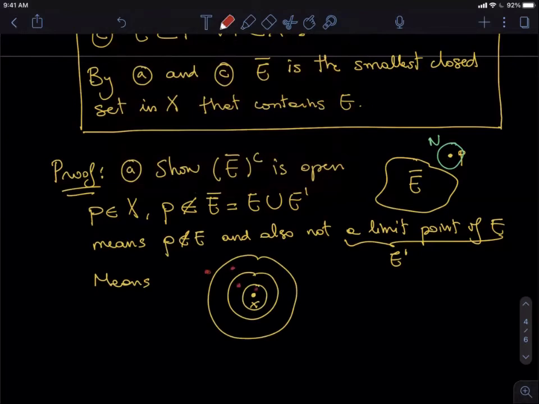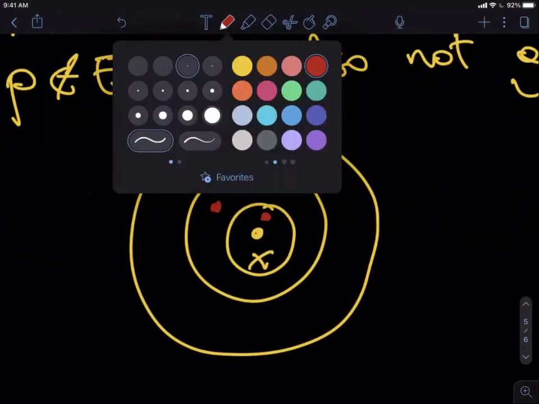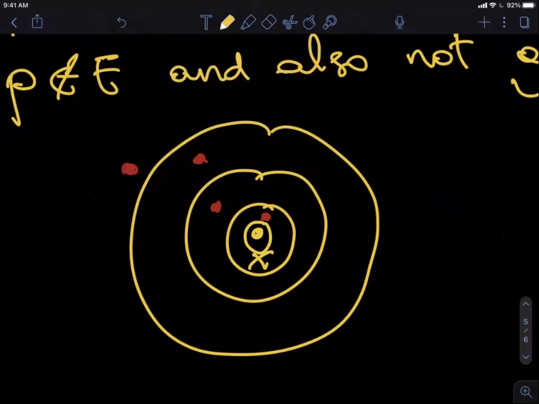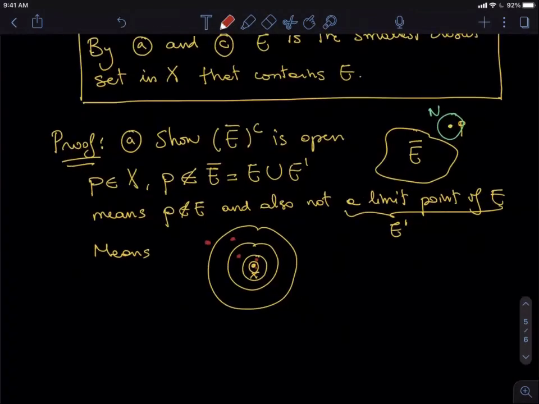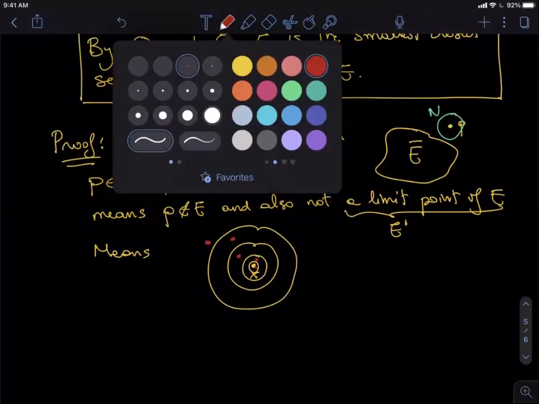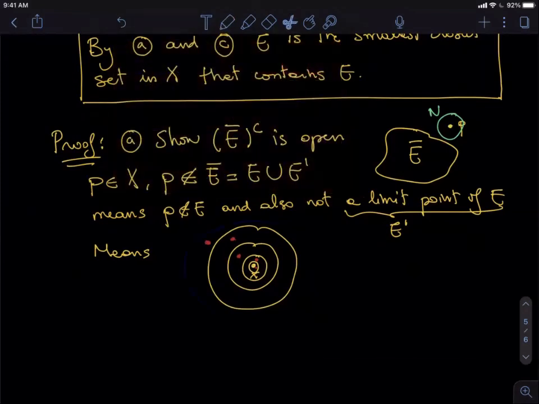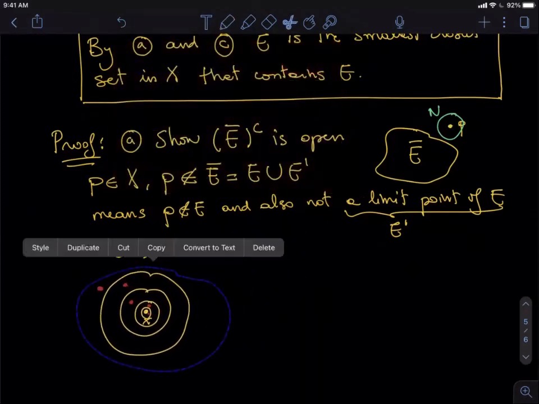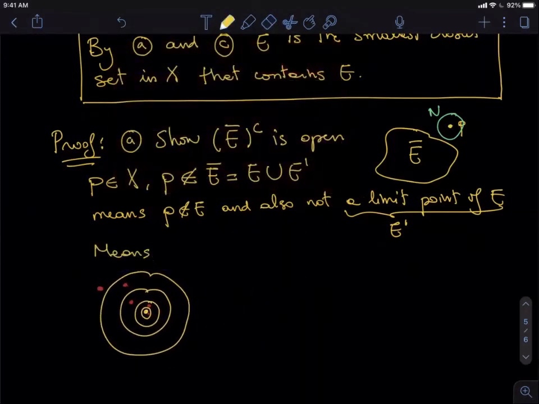There will always be some point, no matter how small the neighborhood, in that neighborhood. If the point P, sorry, I wrote X, but it's P.